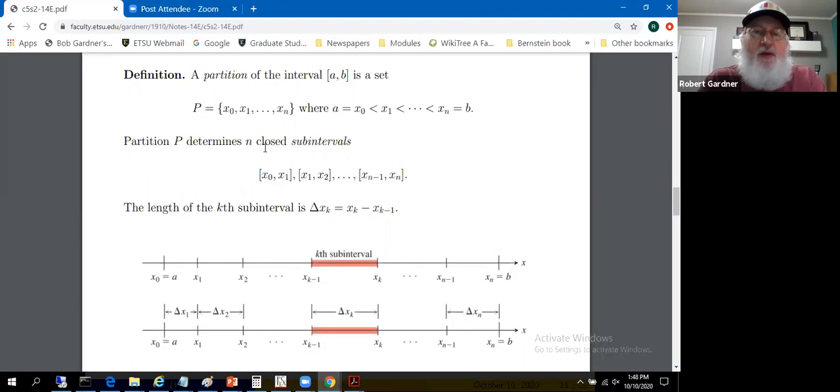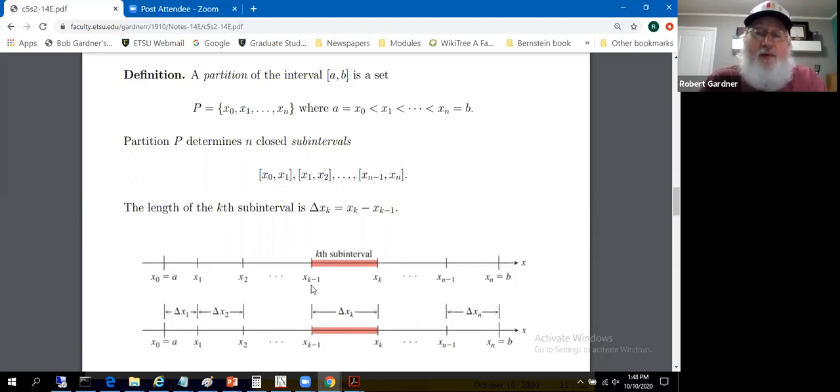Partition P then determines n closed subintervals: the interval between x0 and x1, closing it off, the interval from x1 to x2, the interval from x2 to x3. The subintervals are these little intervals here, x0 to x1, x1 to x2. Here's what we'll call the kth subinterval.